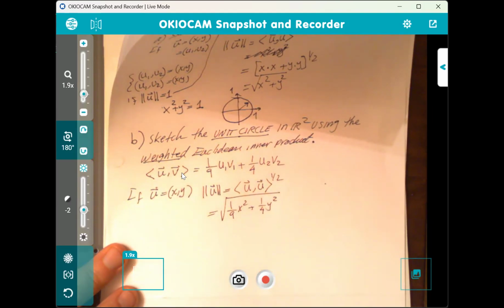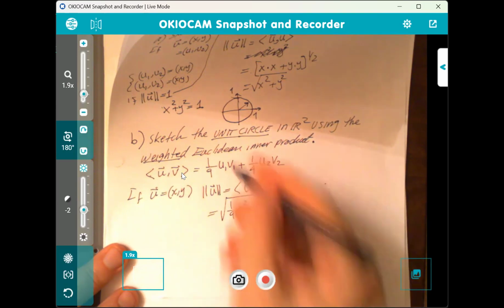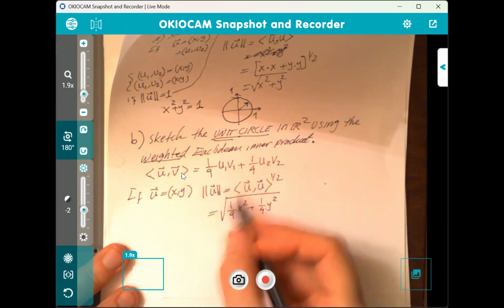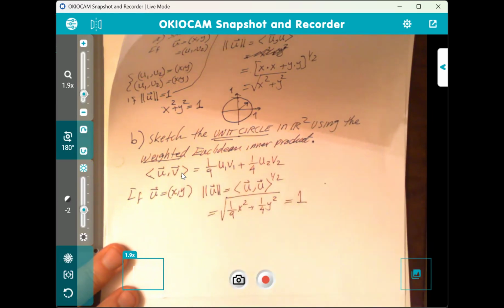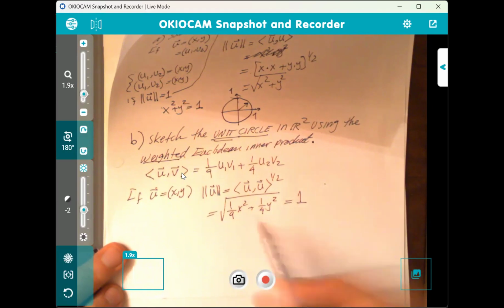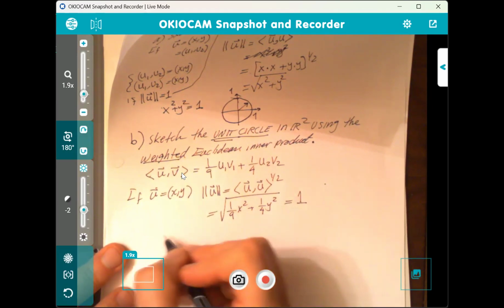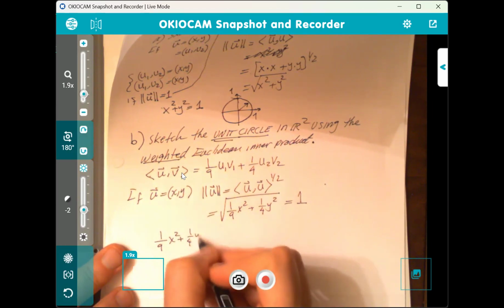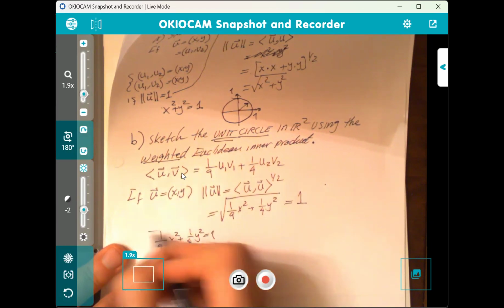And because I want a unit circle, that means the magnitude of this unit vector has to be 1. Now square both sides. What do we get? 1/9 x squared plus 1/4 y squared is equal to 1.